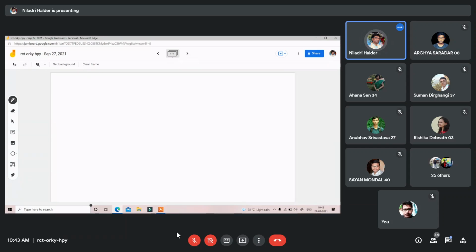Come to the next page. x1[n] is periodic. So obviously x1[n plus N1], as the period of x1[n] is N1. So x1[n plus N1] or x1[n plus pN1], p is simply an integer.